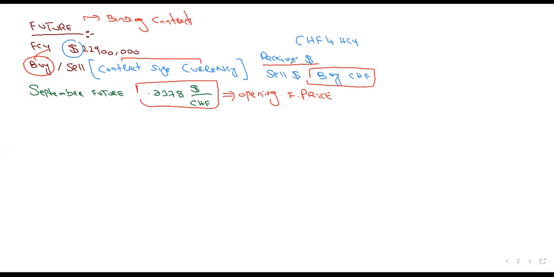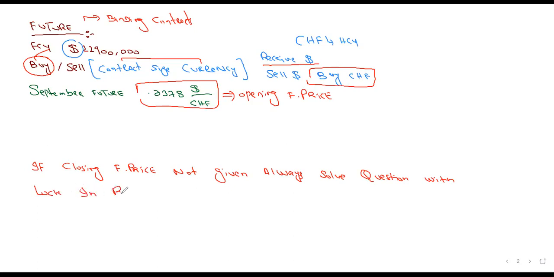But the examiner intentionally will not give you the closing future price. If closing future price not given, always solve question with lock-in rate.